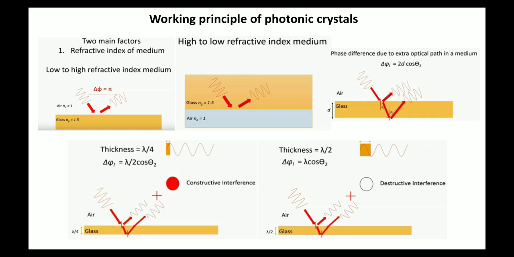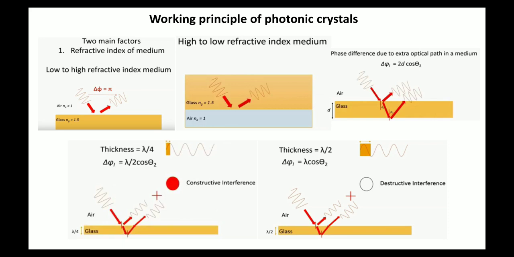Now if we are thinking about the light, then the light has a wavelength which is represented by lambda. Is there any relation between the wavelength of the light and the thickness of the glass?